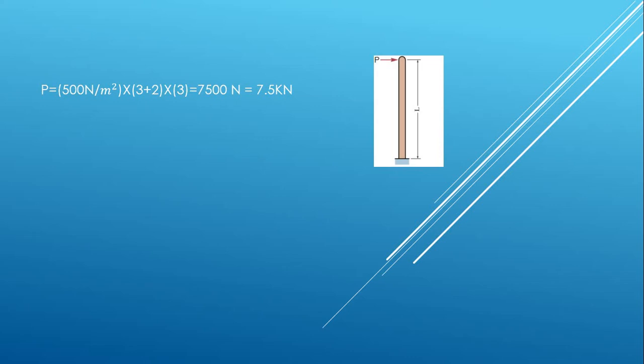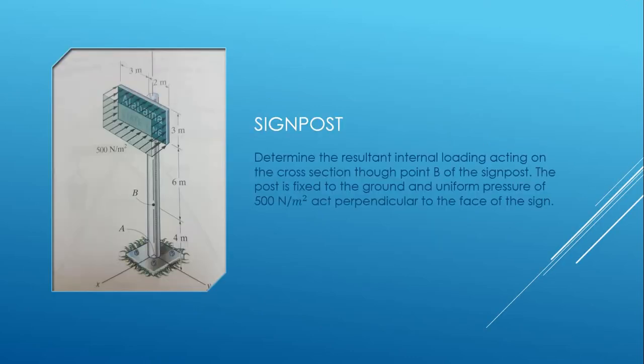We have a pressure of 500 Newton per meter square. We can convert it to a concentrated load by multiplying by the area of the signpost. The length is 3 plus 2, which is 5, and the width or height is 3 meters. That means 5 times 3 equals 15.